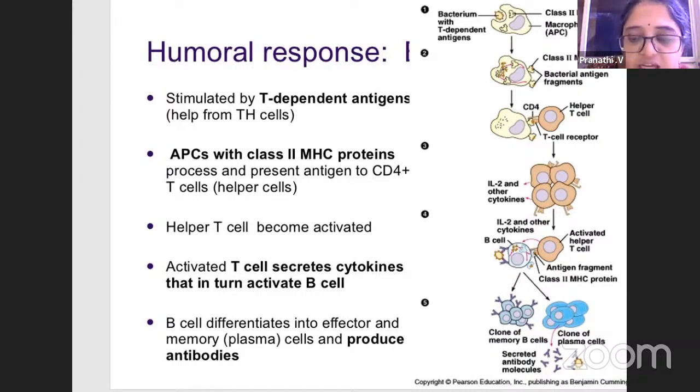In turn, they secrete the cytokines that activate the cytokine pathway, and at the same time it activates the B lymphocytes. The B cells are the plasma cells and the memory cells. The memory cells help in remembering the particular antigen for what it is. The plasma cells will produce the antibodies. So the B cells will get differentiated into the antibody-producing cells.